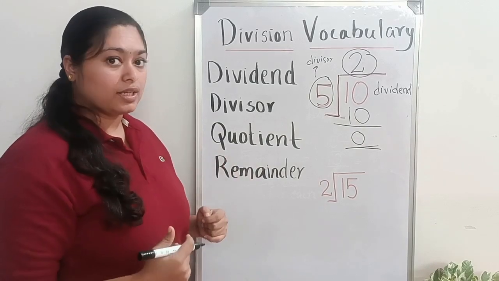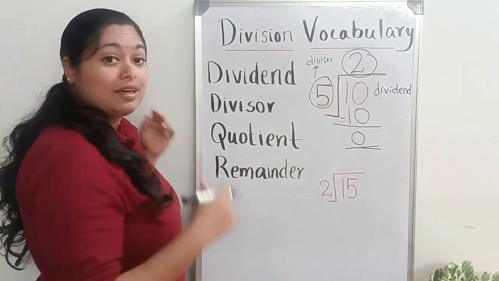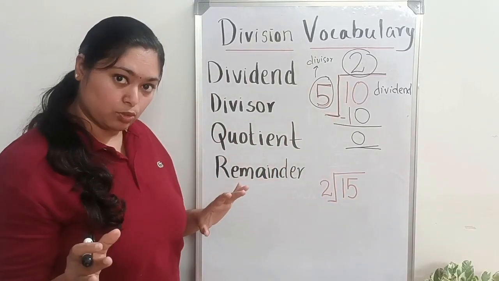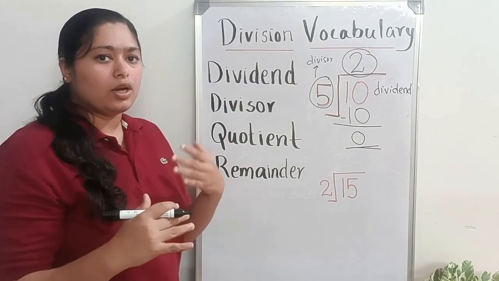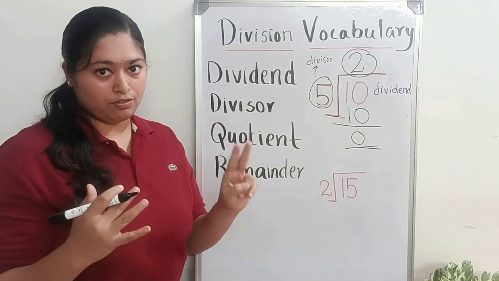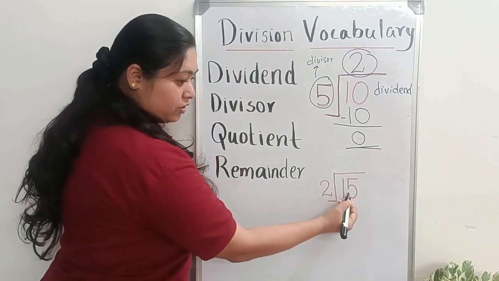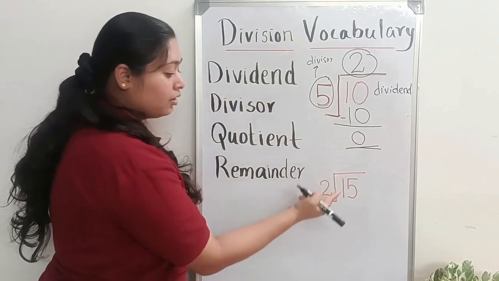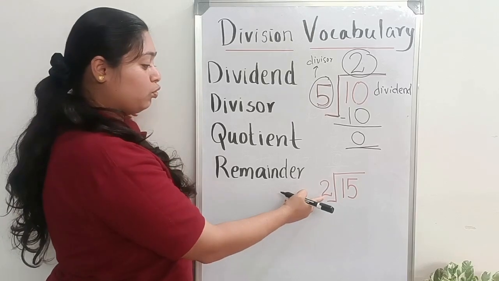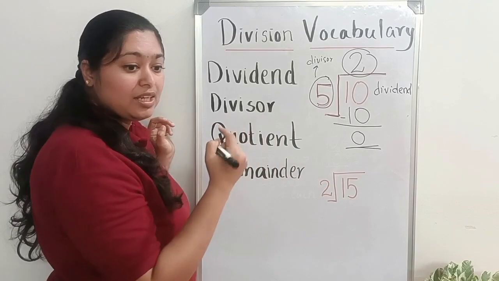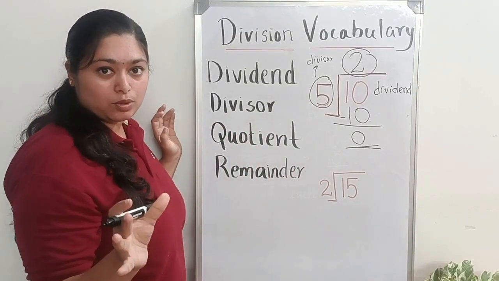But let's look at one more example where something is actually left. So instead of 10 sweets, imagine you have 15 sweets. And you and maybe your dearest friend, just two of you, are going to divide the 15 sweets. So 15, let me repeat, 15 will be your dividend. Divided by 2, 2 will be your divisor. Now the quotient: you cannot equally divide the 15 sweets.